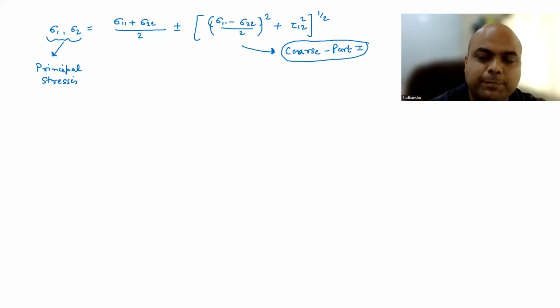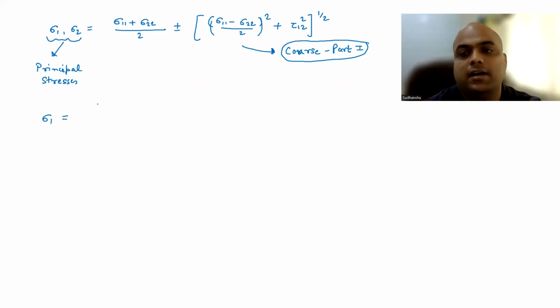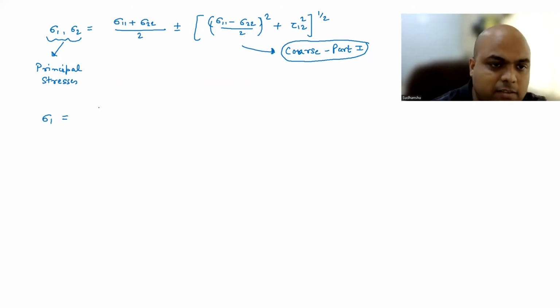So if we know sigma 11 and sigma 22 given by Irwin's, we can calculate the values of sigma 1 and sigma 2. Okay, so let's do that. So sigma 1 is going to be the higher value by convention. So we are going to use plus for that.